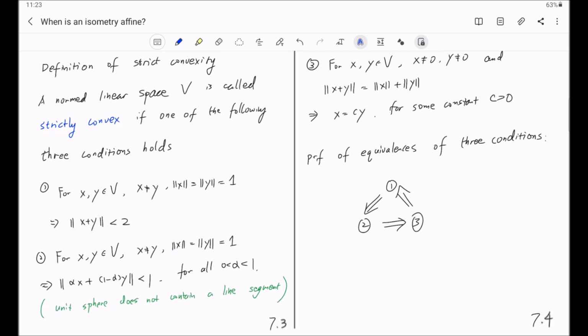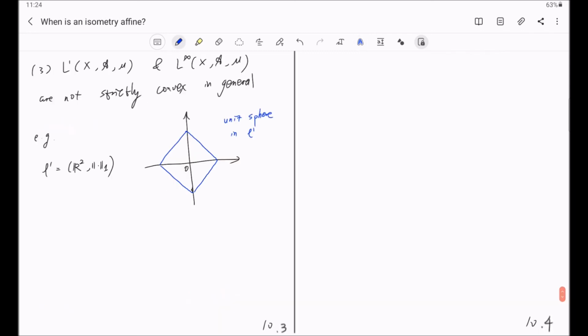Any unit sphere cannot contain a line segment in a strictly convex space. So, by the definition number 2, this little l1 is not a strictly convex space, since the unit sphere contains a line segment.